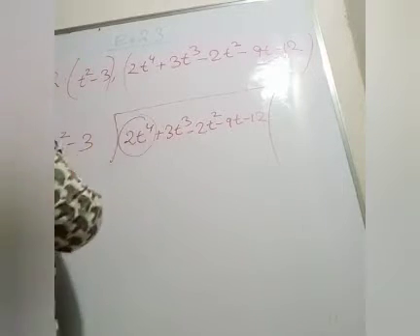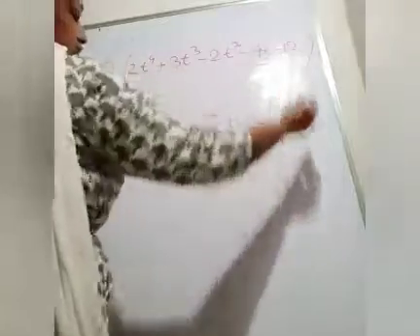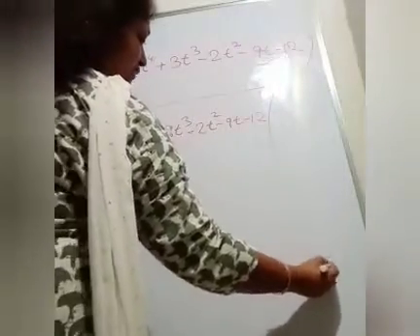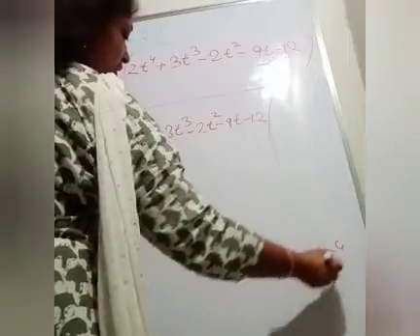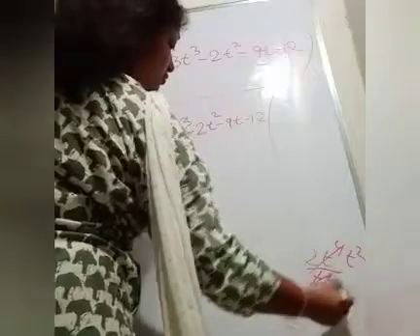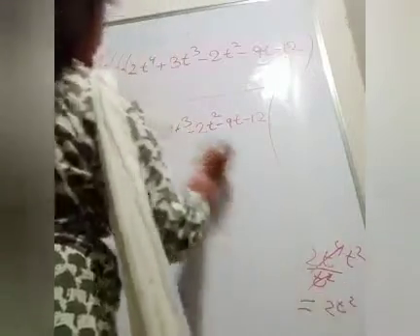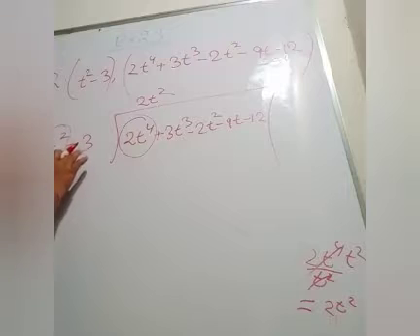So now what will be the quotient then? Take the first term of the dividend and the first term of the divisor, and divide them in the rough and see what the quotient will be. If I divide 2t4 by t square, what will be the quotient? The quotient will become 2t square. So write the quotient here, 2t square.